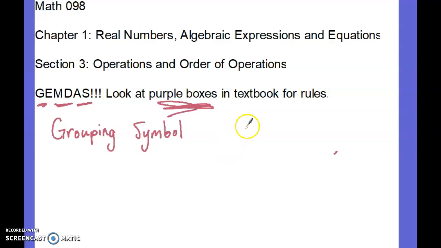But some students are confused on, is absolute value a grouping symbol, or is that considered a parenthesis? And it is. That's why I prefer the G for a grouping symbol.